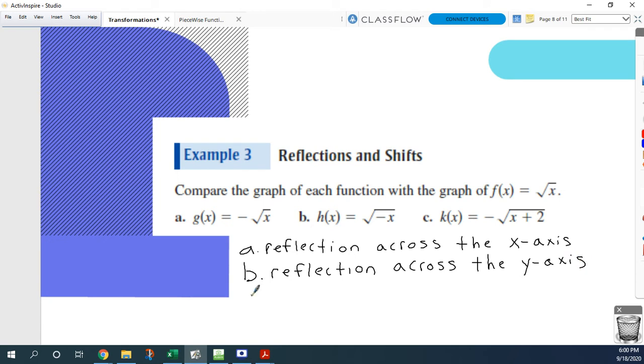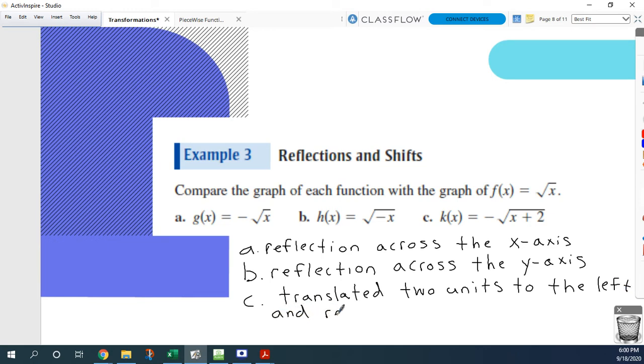And then lastly, on part C, notice that we have translated or shifted, you could use either word, two units to the left because it's the opposite direction of our sign, and reflected across the x-axis.